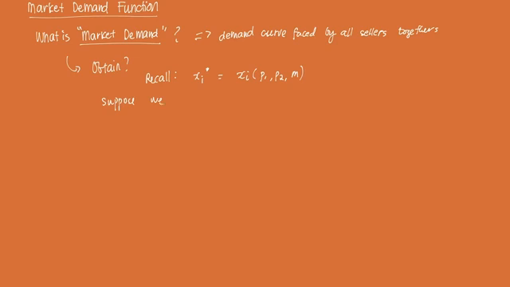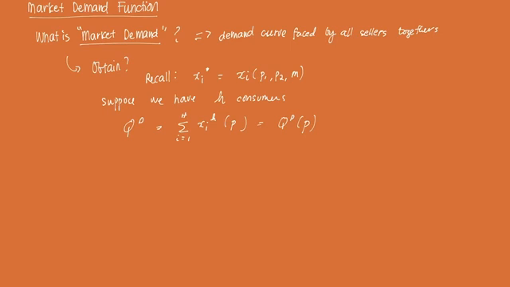Essentially, what we're going to do is sum up, so our market demand, Q^D, is equal to the sum, i equals 1 until all the consumers have been summed up, of their individual Marshallian demand functions, x_i^h, which is some function of P, or prices, and you're going to get your market demand function, which is some function of P.